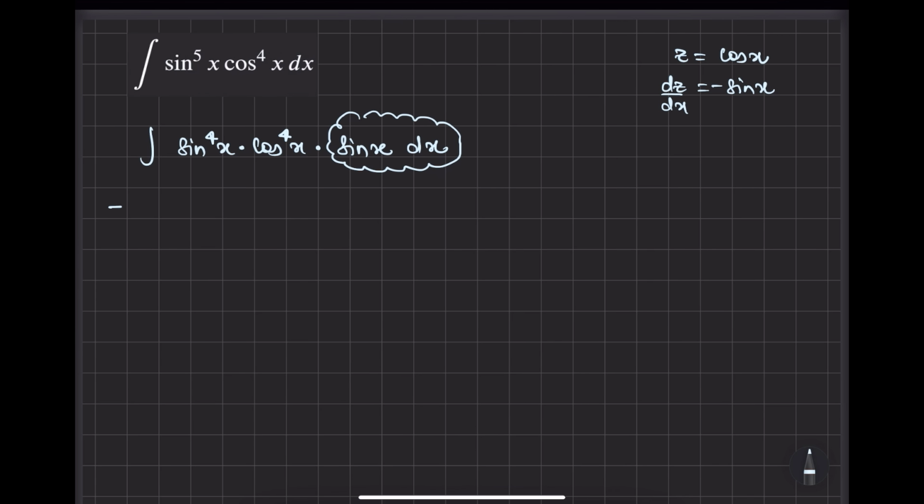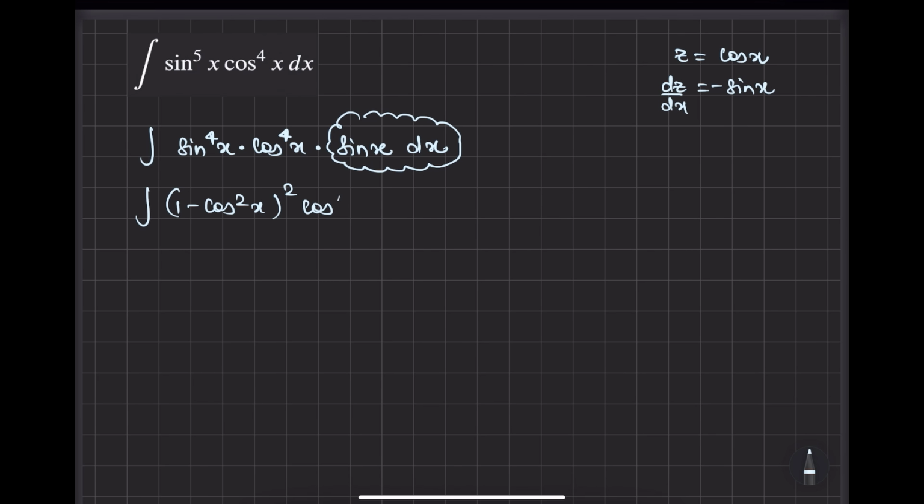Okay, so look at how I will approach. I will convert the remaining thing into cos. So the idea is, can I write sine to the power 4 in terms of cos? Yes, I can. First I will write sine square to the power square, and then sine square will be written as 1 minus cos square.